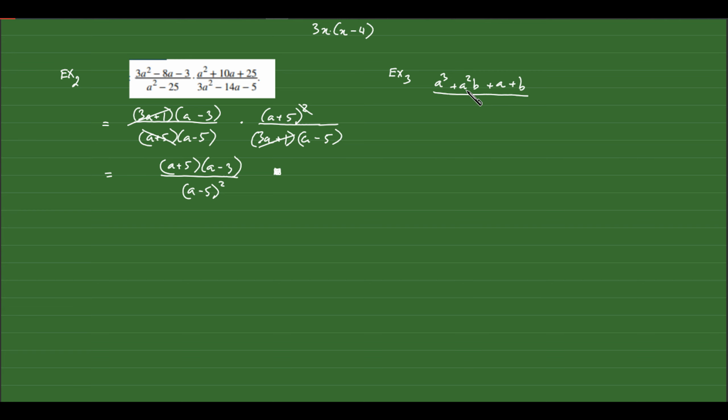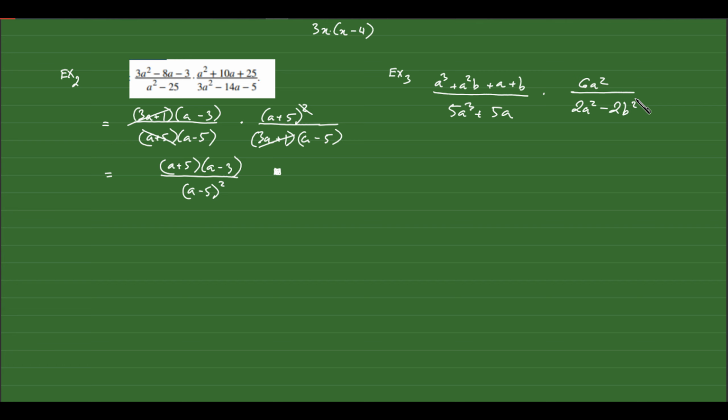You remember in class we talked about grouping. We group the first 2 and we group the last 2.